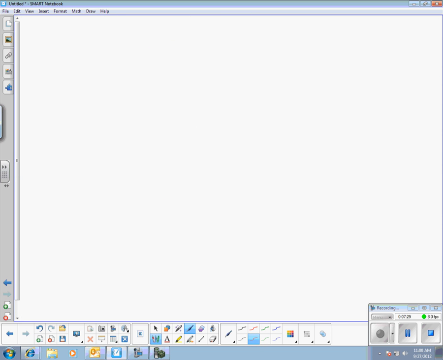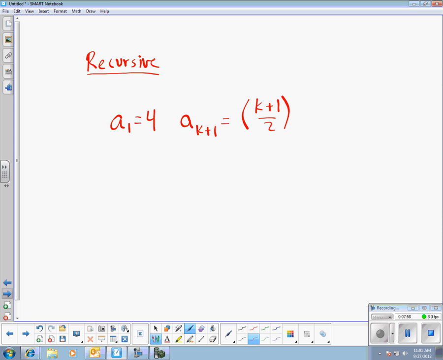Okay, so let's talk about another kind of sequence, a recursive or a recursively defined sequence. This is the type of sequence where I'll give you something like this. A1 is equal to 4, and a k plus 1, notice you can use k or n or whatever, it doesn't matter, is equal to k plus 1 over 2 times ak.